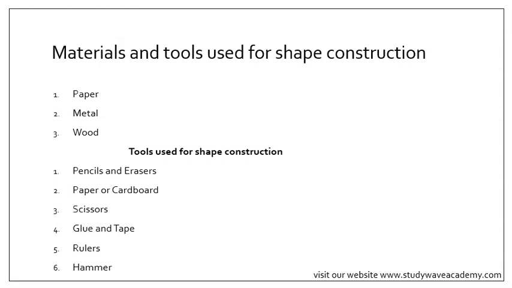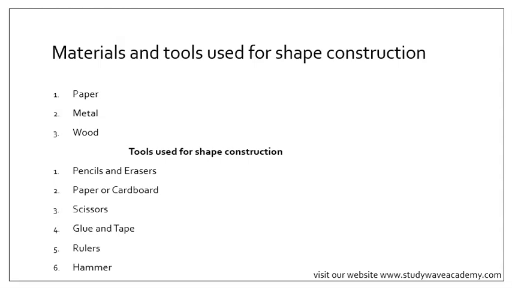You can use pencils and erasers for paper, okay? When you're using paper to construct a shape, you can use pencil and erasers first to outline the shape you want to make. Do you understand? You use the pencil and eraser to draw, and if you make mistake, you erase. Okay, for your shape to come out beautifully.